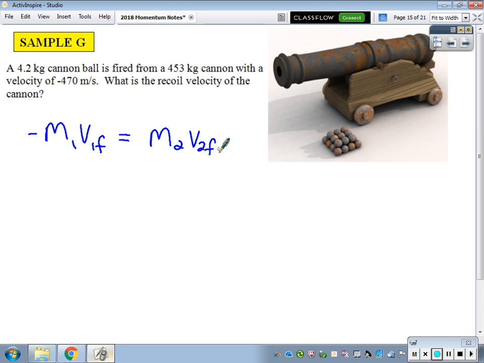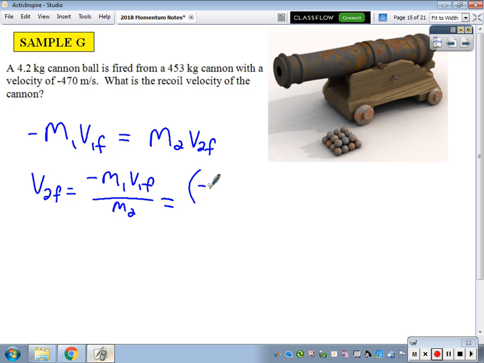What would we do to isolate V2 final? We divide both sides by M2. So let's do the rearranging all at once. V2 final would be equal to negative M1 V1 final, all divided by M2. All right, so here we go. Open parenthesis, negative, what is mass 1?